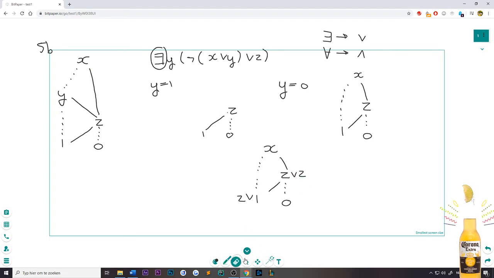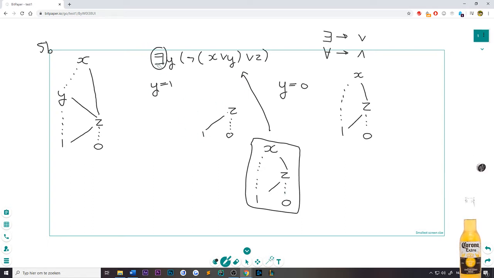Well, z or z becomes z, and z or 1 becomes 1, and so the tree basically stays the same. So this tree, or this OBDD here, corresponds to this formula. And that's your answer for 5C, okay?